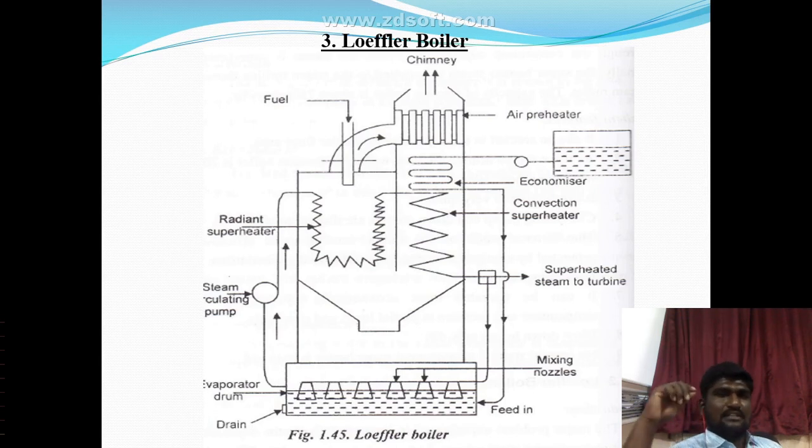First the fuel is sent into the boiler, then the air is heated by the air preheater, using the economizer. The purpose of the economizer is to preheat the air from the exhaust gas. Then we use a convective superheater, and superheated steam goes to the turbine. We use mixing nozzles in the Loeffler boiler.